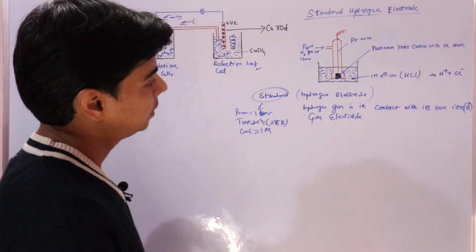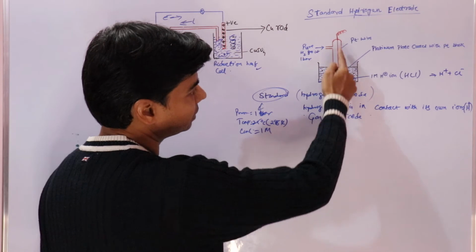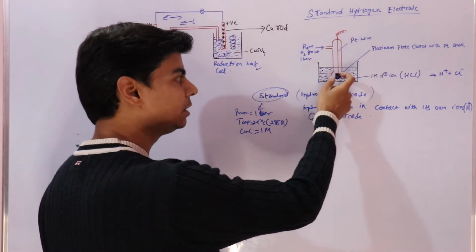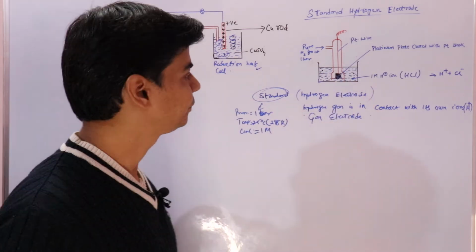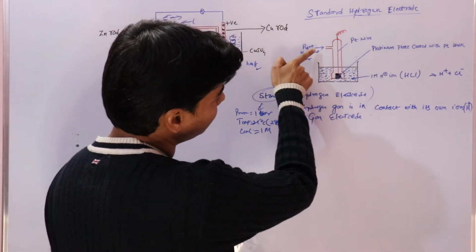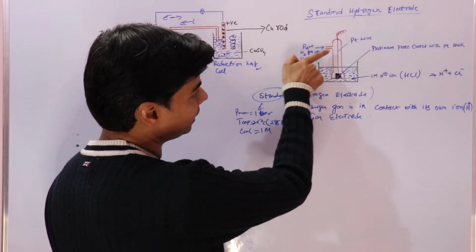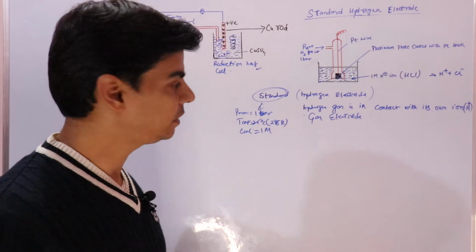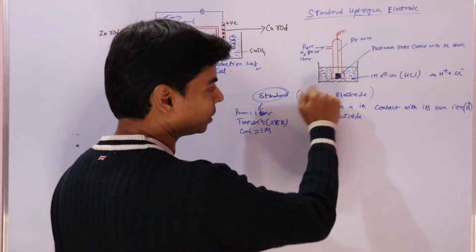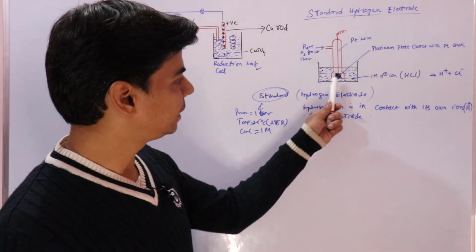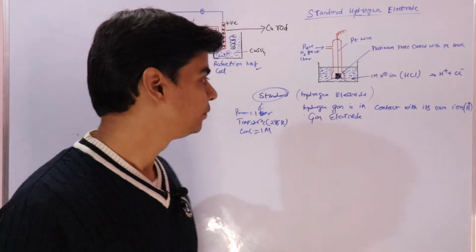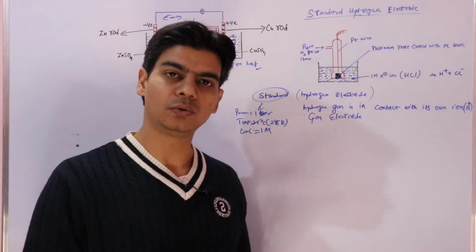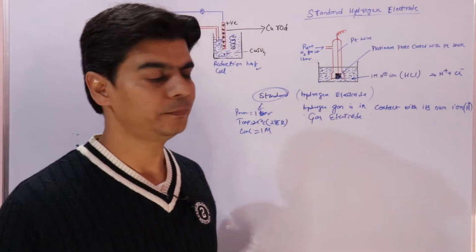This glass jacket has an inlet. Through this inlet we pass hydrogen gas inside this glass jacket, which will get adsorbed on this platinum plate. By adsorption we mean that hydrogen would be found on the surface of this platinum plate.